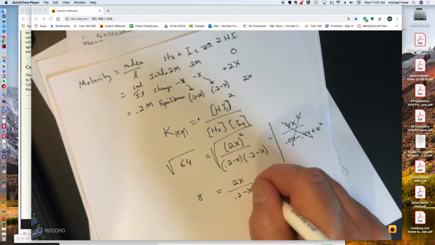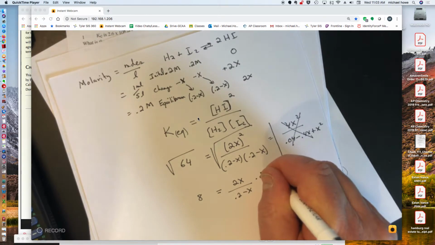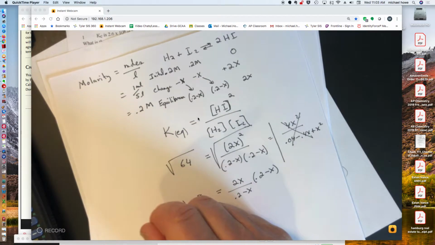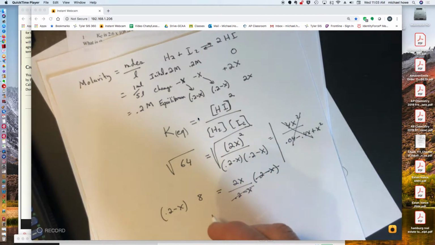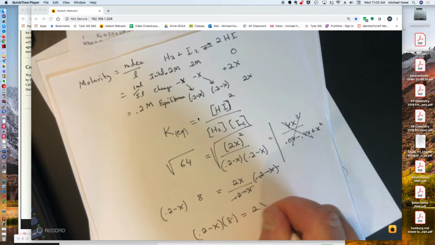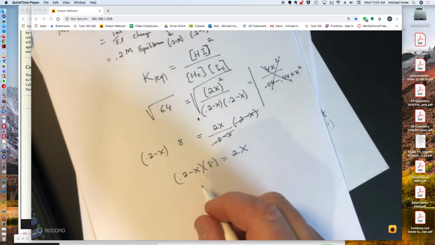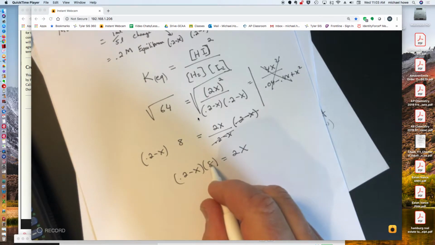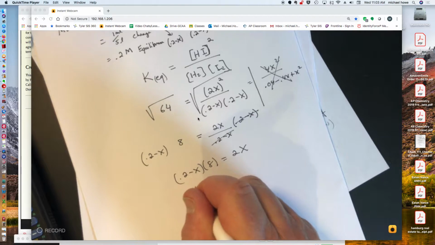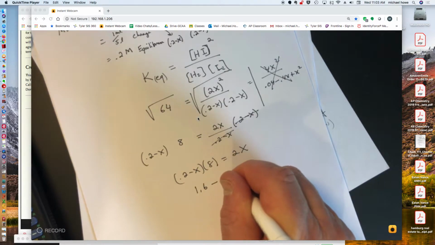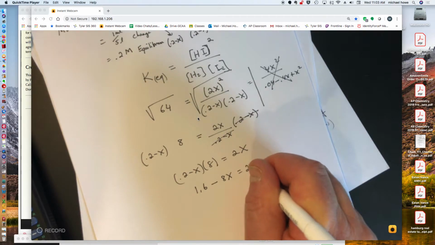We still need to clear the denominator, so multiply by 0.2 minus x. They cancel over here, so now I have 0.2 minus x multiplied by 8 equals 2x. You will recognize that this is a distributive property application. So we have 8 times 0.2, which is 1.6, minus 8 times x, 8x, equals 2x.